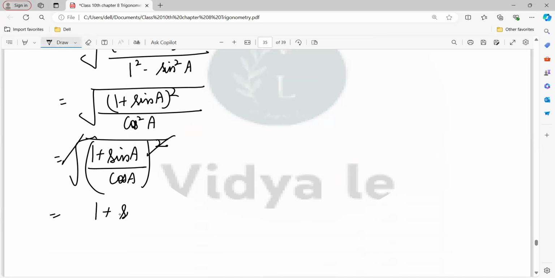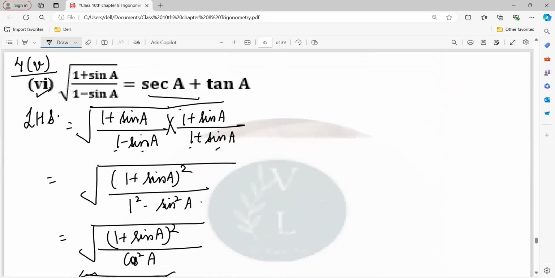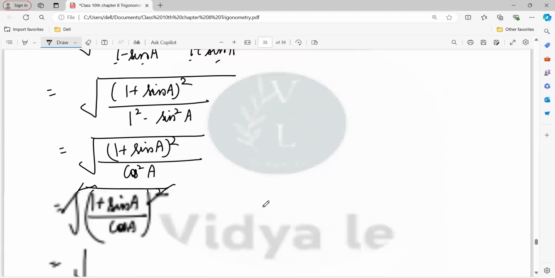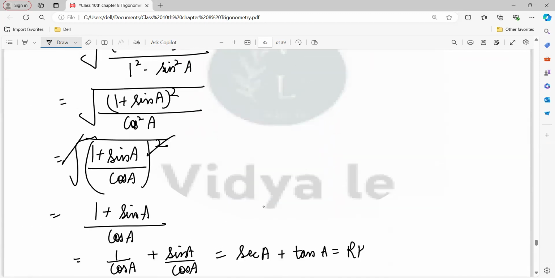We are left with only 1 plus sine A upon cos A, which can be written as 1 upon cos A plus sine upon cos A. 1 upon cos is secant and sine upon cos is tan. This is what we want in the right hand side, secant A plus tan A. And we got the same expression. So this is equal to the right hand side, and as proved.